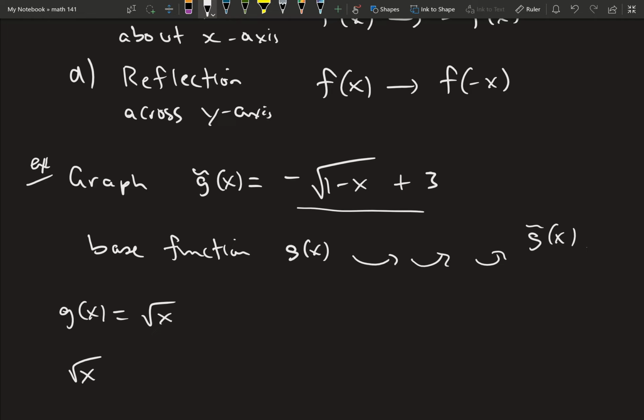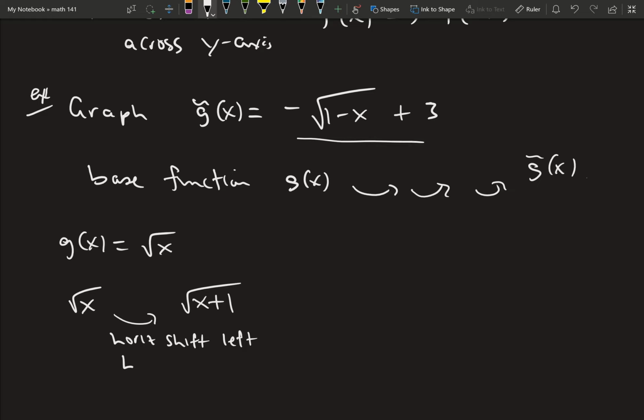Since there's a minus x here, it's easier to keep x positive and just do a horizontal shift left by 1, right? Left.